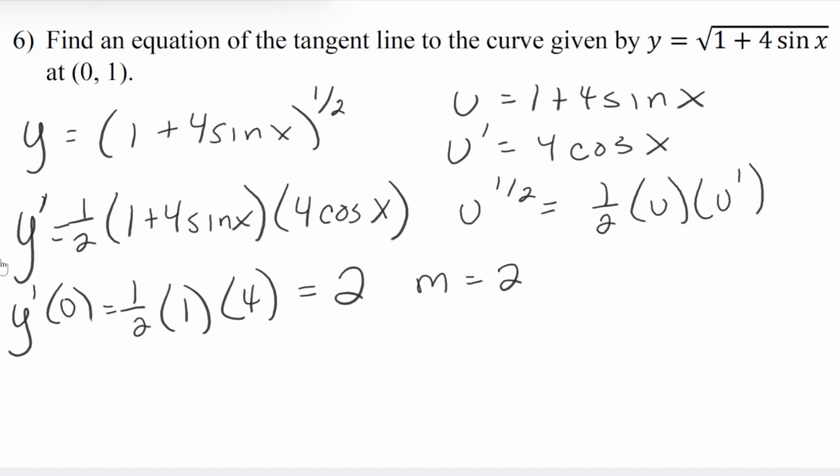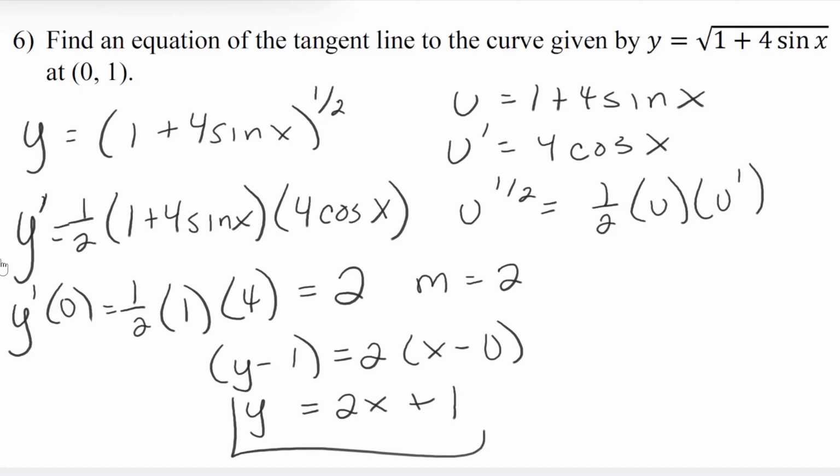All right, so now I've got to plug in. This one is probably easier to do with the point slope formula just because we have an m. The other one was easier, it was just the y-intercept stuff. So I have y minus 1 equals 2 times x minus 0. So I've got y equals 2x plus 1.